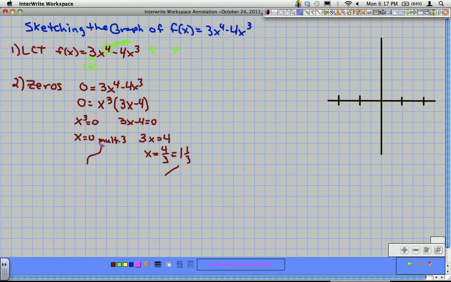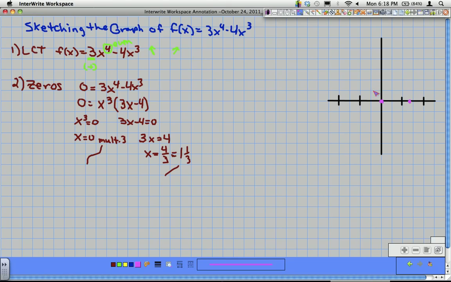So I know I've got 0, and I know I have 1 1/3. So we're about right there. Now at 0, the multiplicity 3 says it's going to come through all the way with that curve. Well, because my left side end behavior is going to be going up, I know this is going to have to be coming from the top side.